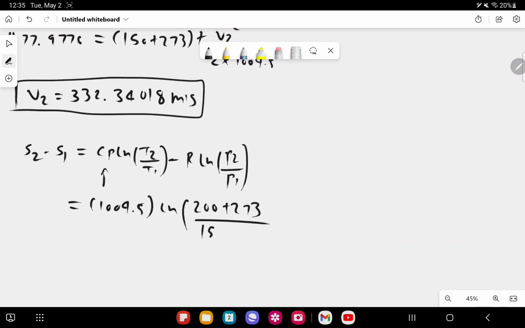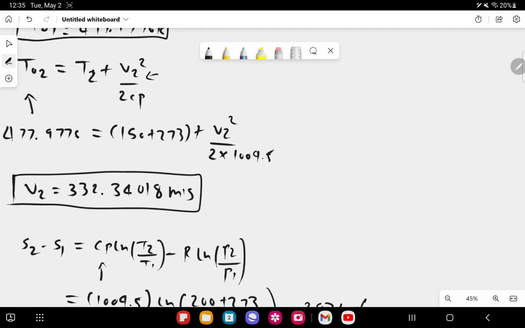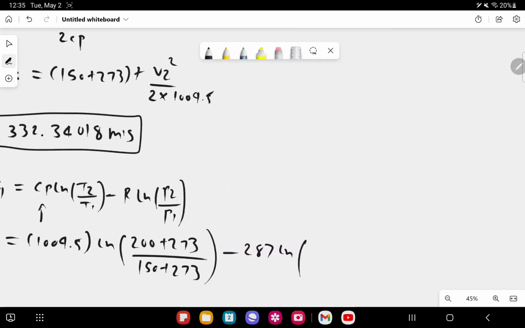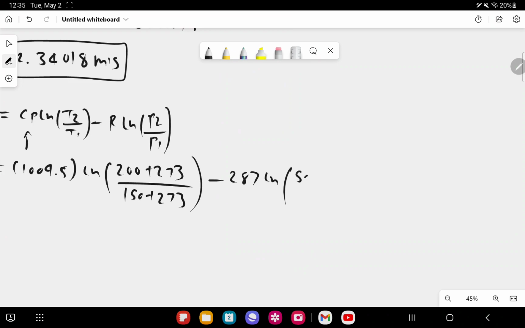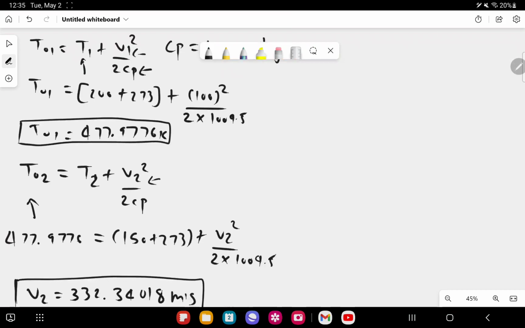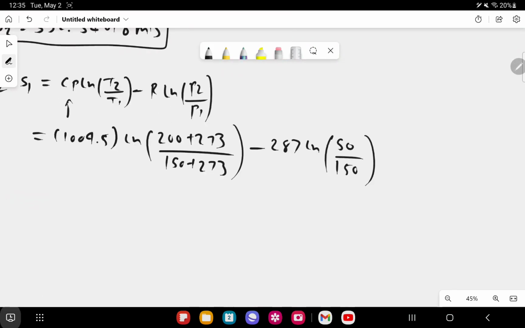T2 over T1 is 150 plus 273 over 200 plus 273, minus R, which is equal to 287 for air, times ln of P2 over P1, where the value of P2 is 50 kPa and the value of P1 is 150 kPa. Yes, P1 is equal to 150 kPa.